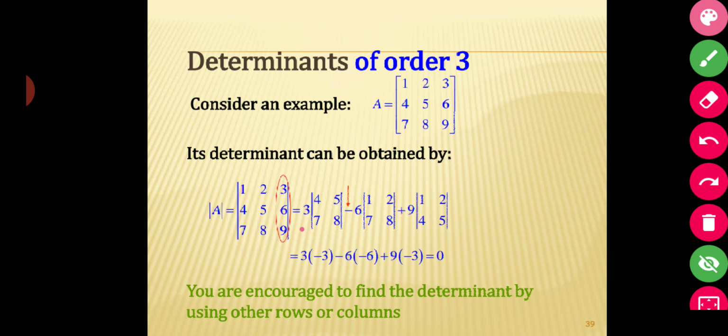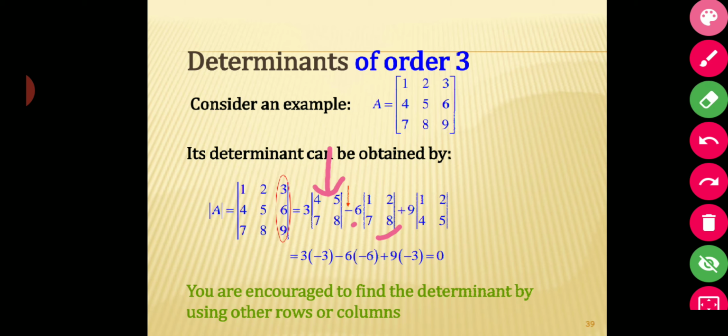First write 3, and you cancel its row and column, and the remaining determinant is written here. Second, you write the element minus 6, and you cancel its row and column, and the remaining determinant 1 2 7 8 is written here.